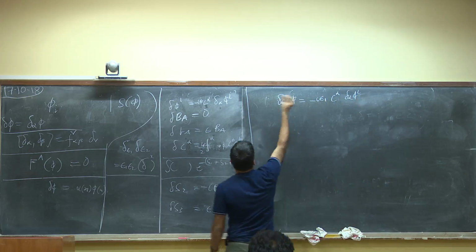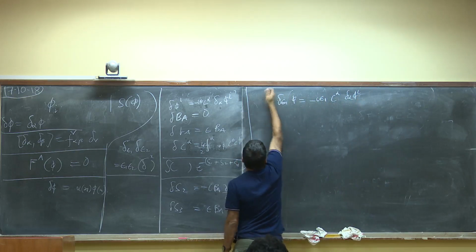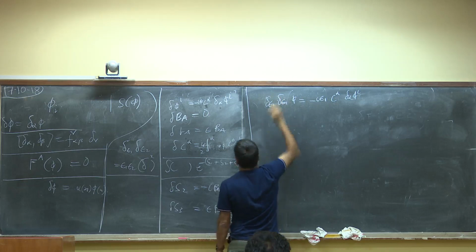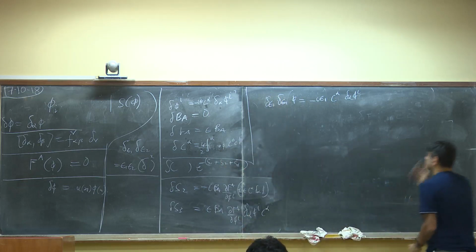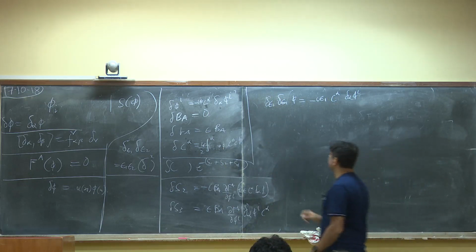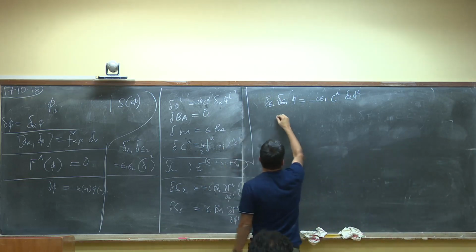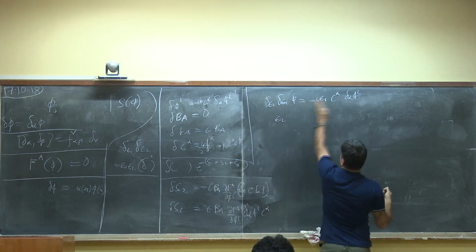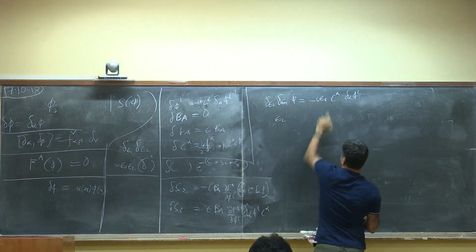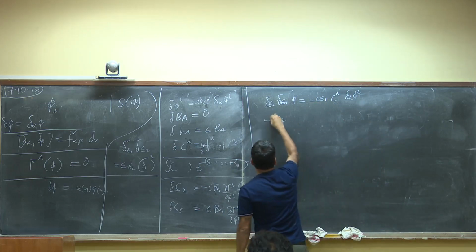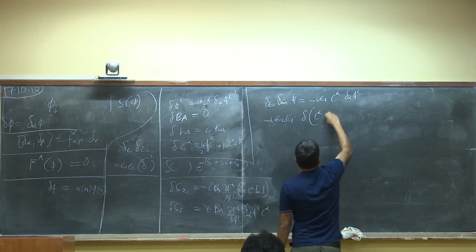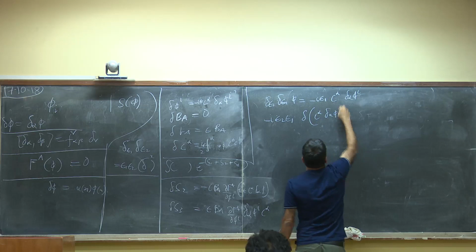Now we'll act with delta epsilon 2 on this. So what we're supposed to do is put an epsilon 2 times delta of all of this. Now delta of epsilon 1 is 0, so minus i epsilon 2 epsilon 1 times delta of C alpha delta alpha phi i.